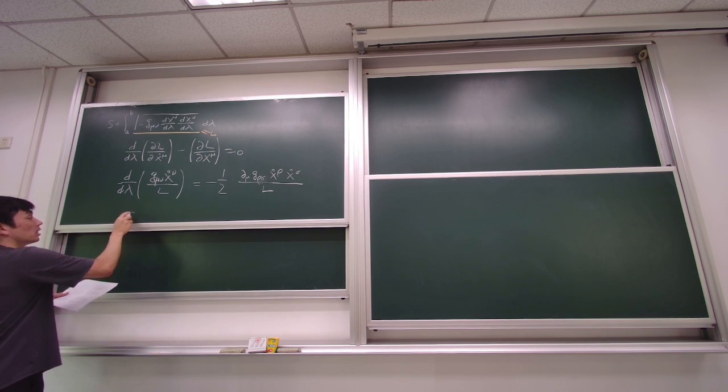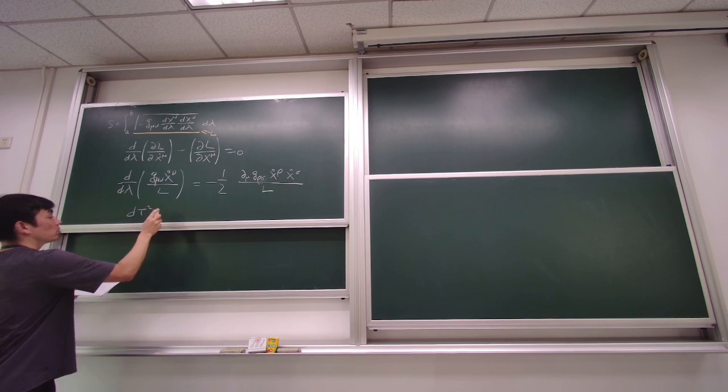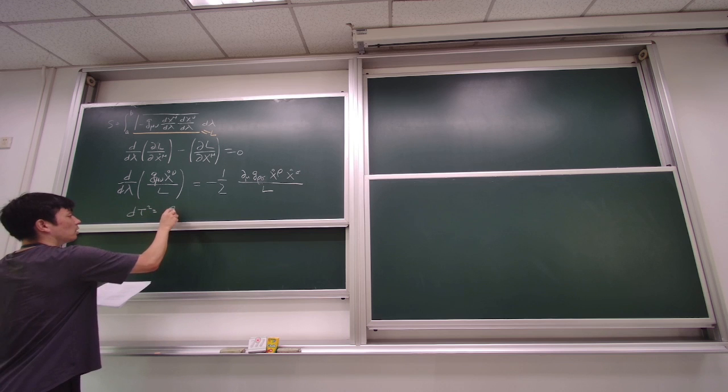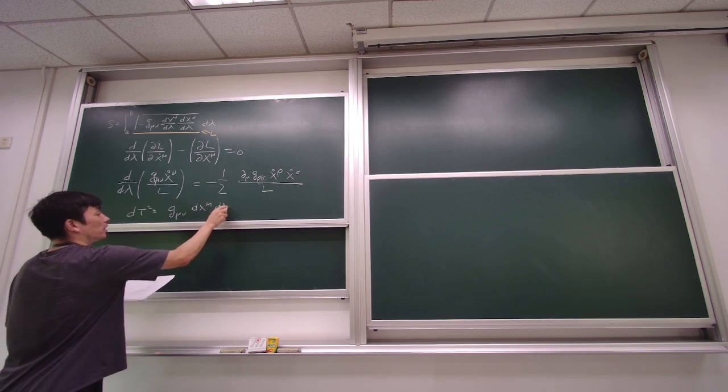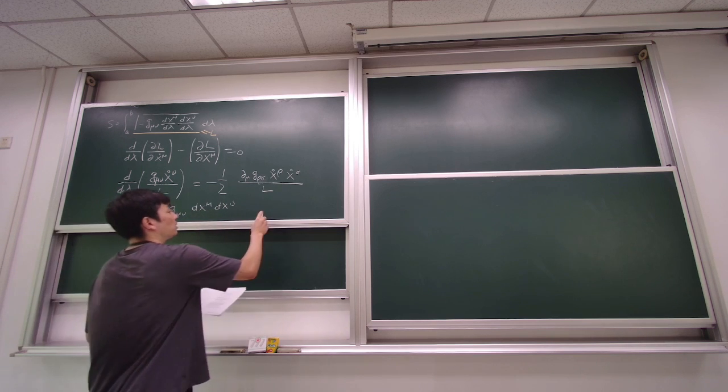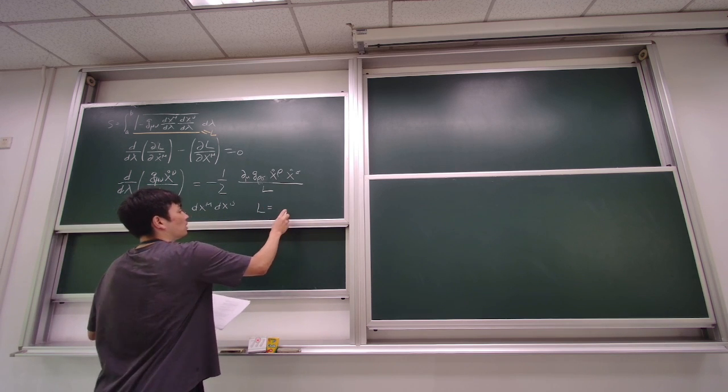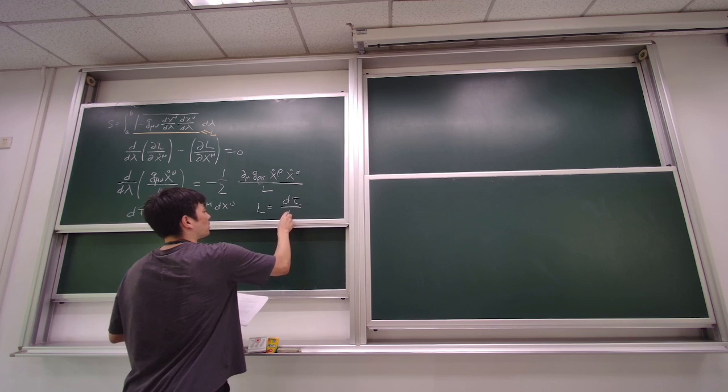So d tau squared is equal to g mu nu dx mu dx nu. Therefore L is in fact d tau over d lambda.